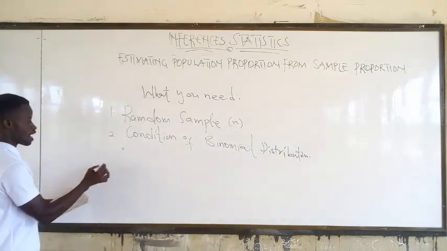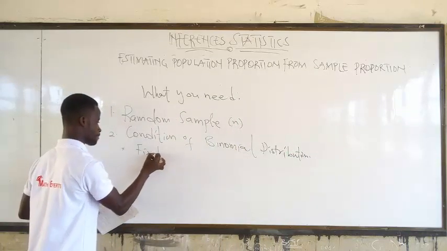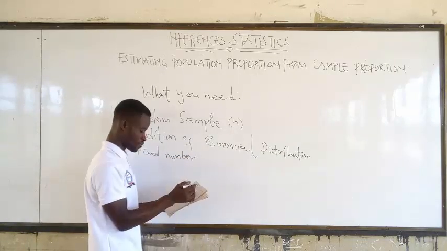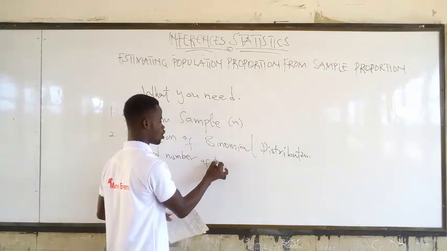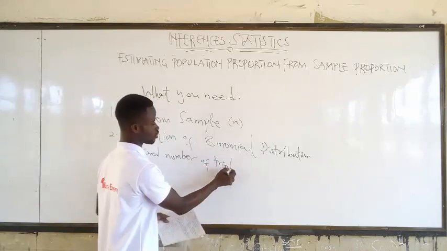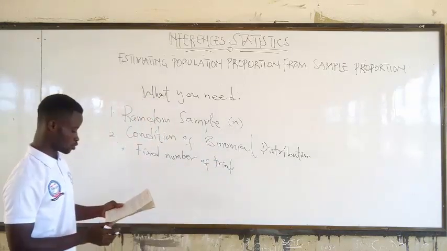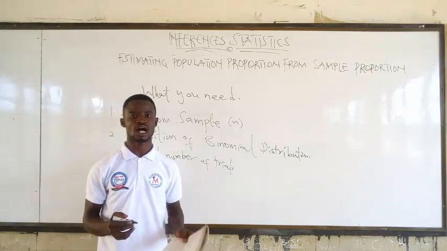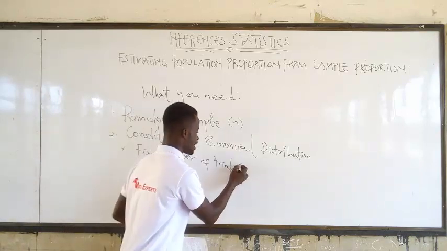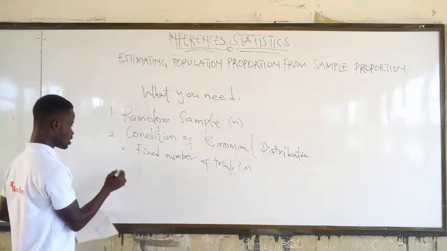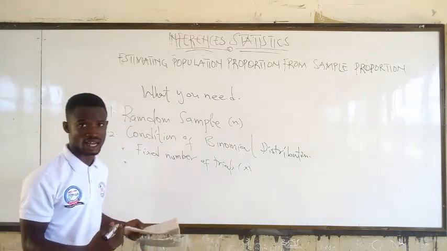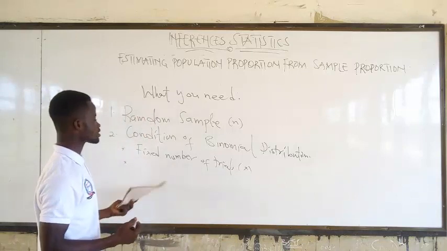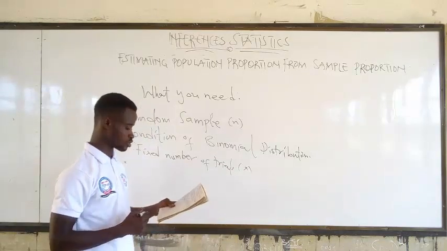We have a fixed number of trials, and a fixed number of trials is represented by x. It depends; you can represent it by anything, just know what you are using it for, because the same notation does not apply to all books.